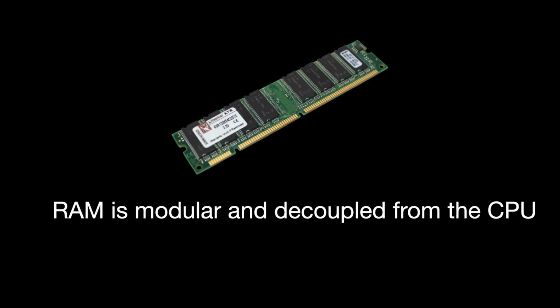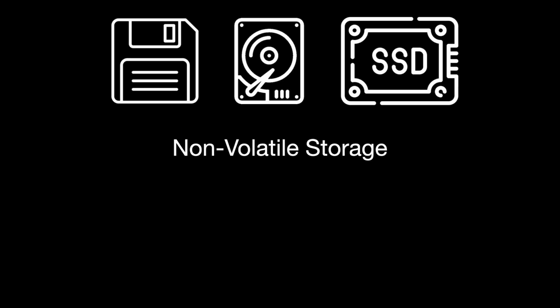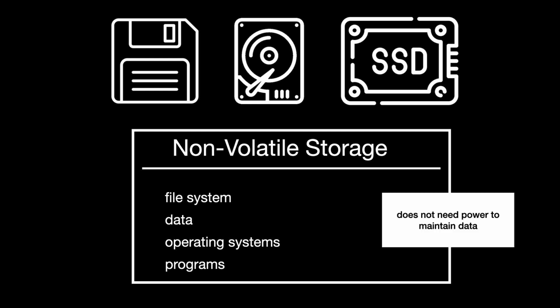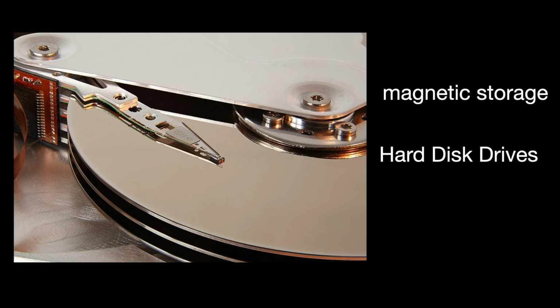This, along with a lot of other factors, is how we keep it decoupled from the CPU so it can be swapped out. Next level down, non-volatile storage. Your file system, your data, your operating system, your programs, everything that is not in use is stored here. It does not need power to maintain data, and there are many ways to go about it.